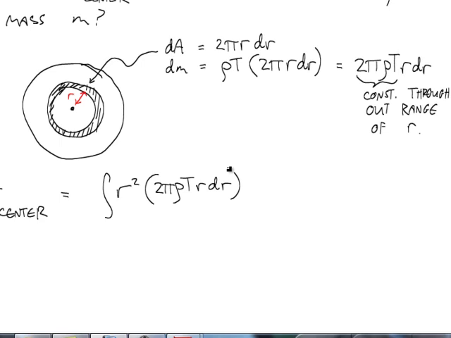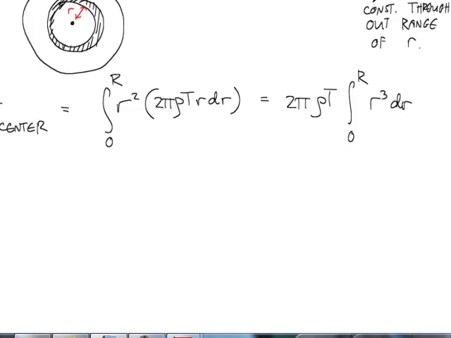So you can pull most of this stuff out, 2 pi rho t, and you have the integral from 0 to big R of r to the third dr. So you get 2 pi rho t times r to the fourth over 4, evaluated from 0 to big R. And you get pi rho t big R to the fourth over 2.